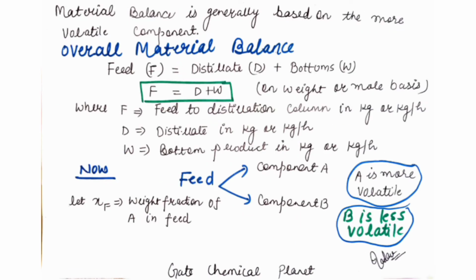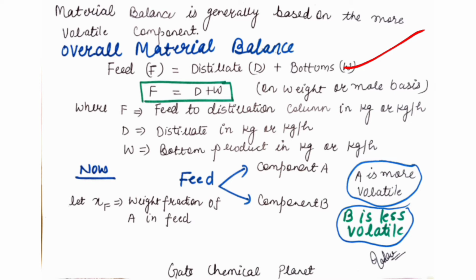The material balance, as I already discussed, is generally based on the more volatile component. So how will we write the overall material balance? The overall material balance equation will be: feed equals distillate plus bottoms. So F equals D plus W.